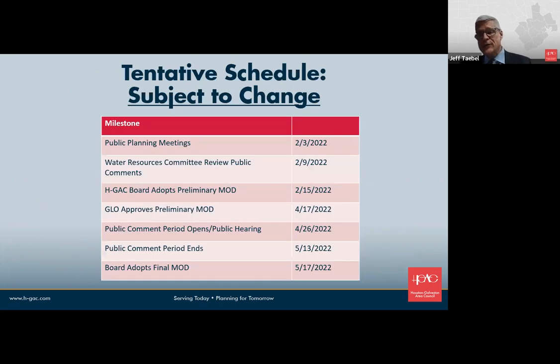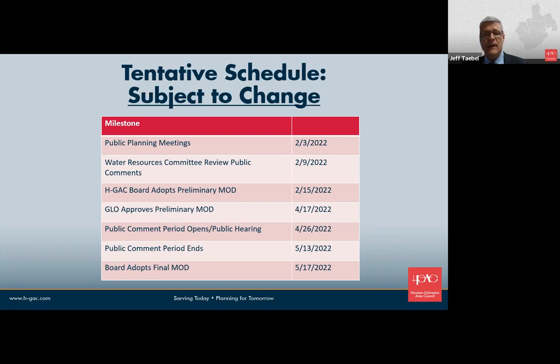So here are the milestones that we have laid out. And I, of course, underline that this schedule is subject to change. But again, given the fact that we need to complete our work before June, and that we have some long lead times as far as the General Land Office review, we are planning to take what we hear from the meetings we've held today and any comments you submit tomorrow to our Board Water Resources Committee, who will meet to consider them on February 9th.